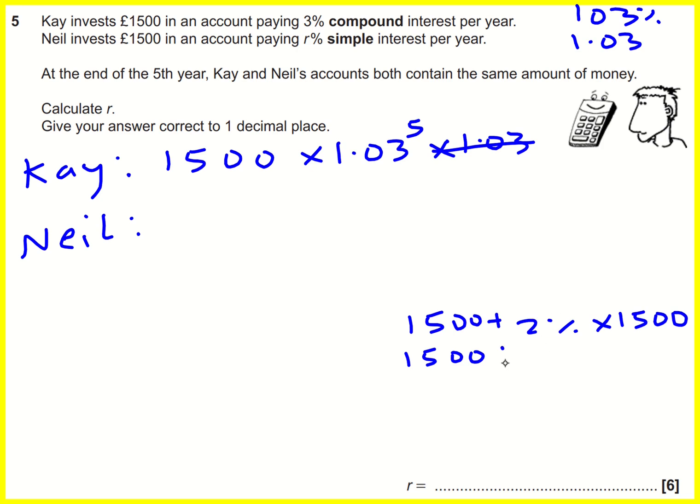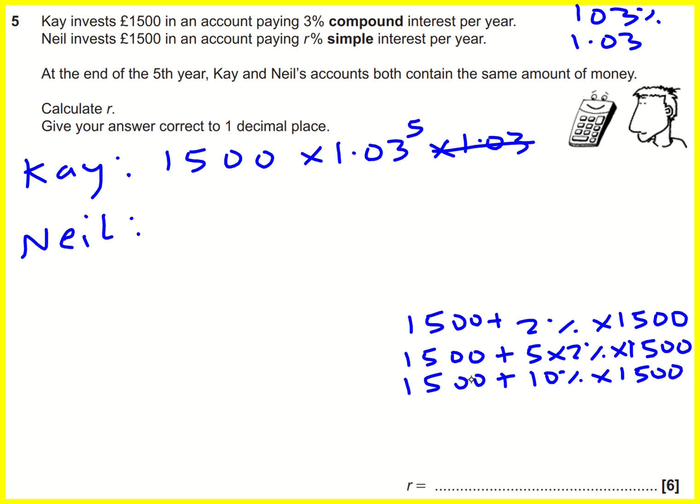I'd find 5 lots of this amount of interest, which is actually 10%. So I can just multiply my interest by 5, and I'd get 10% of 1500. What I could then do is factorize out the 1500 and it'll be 1 plus 10%.